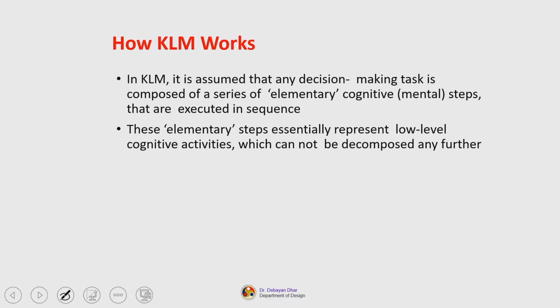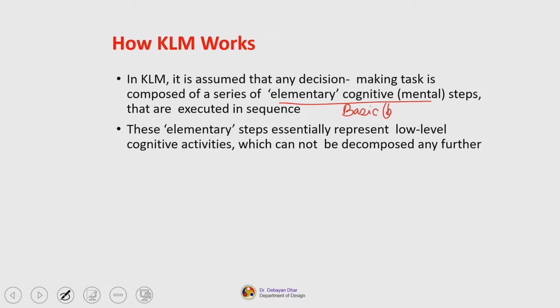Now, let us see how KLM works. In the keystroke level model, it is assumed that any decision making task is composed of a series of elementary cognitive steps. That means basic mental steps. Elementary means basic building blocks.